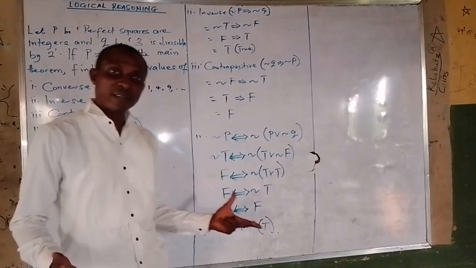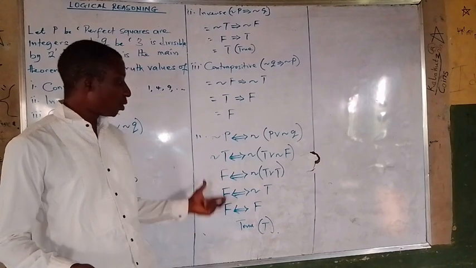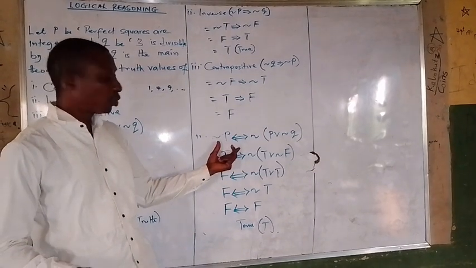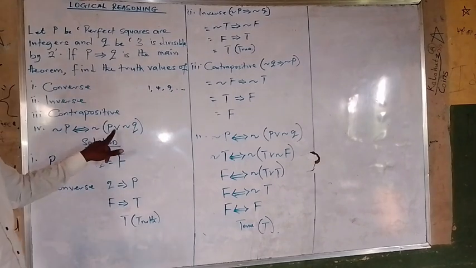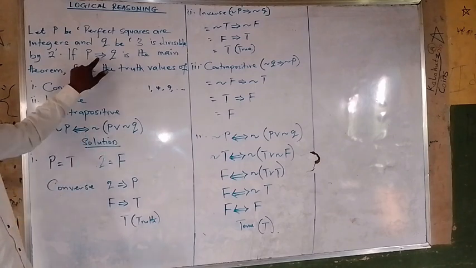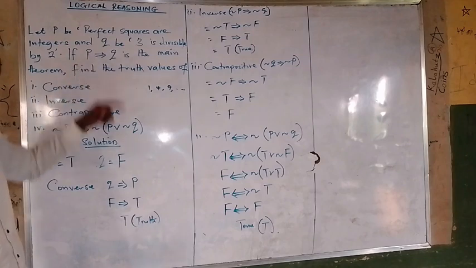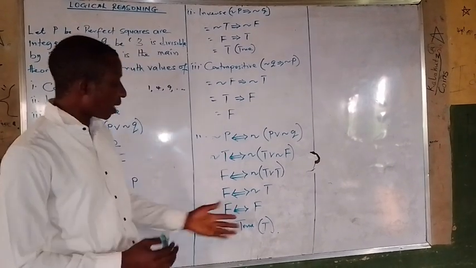Now, I'm going to advise us to view the previous classes so that we know the truth values for or, and, biconditional, and implies. Once we are able to understand the truth table very well, it will help us get our final answer.